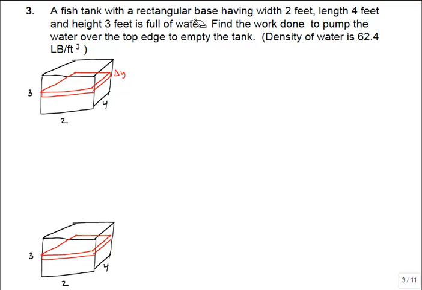Now to begin with, remember that the weight of our slice is going to be the density times the volume. Weight is not just volume, it's density times volume. So this weight is going to be the density of our water, which they tell me is 62.4 pounds per cubic foot, and we're going to multiply that by the volume of this slice.